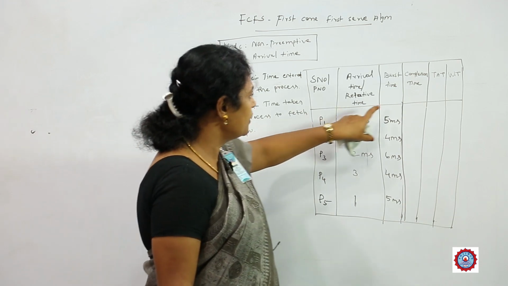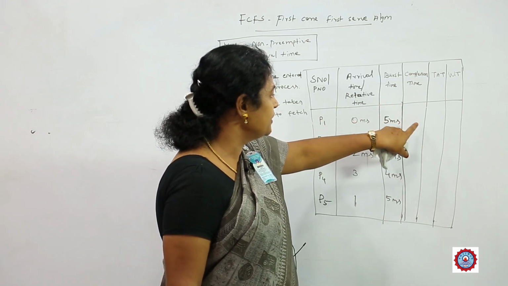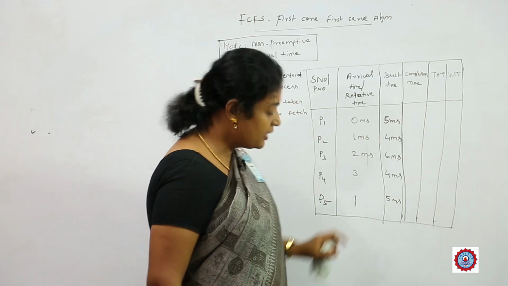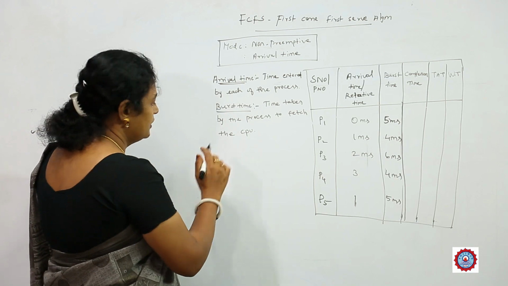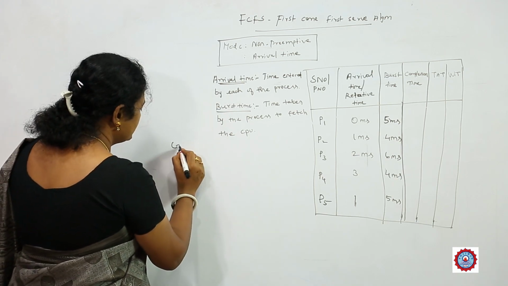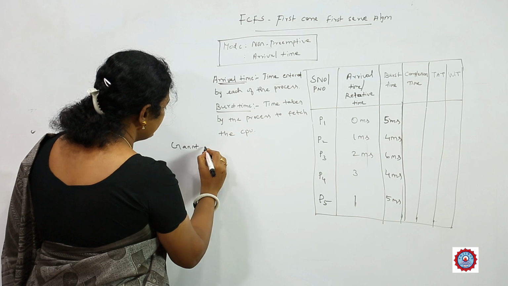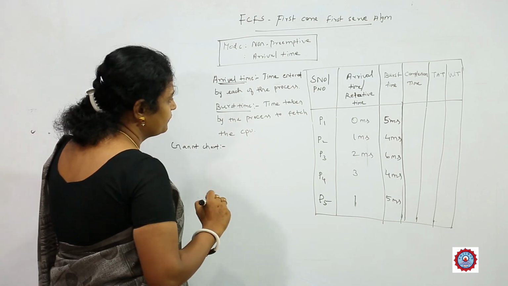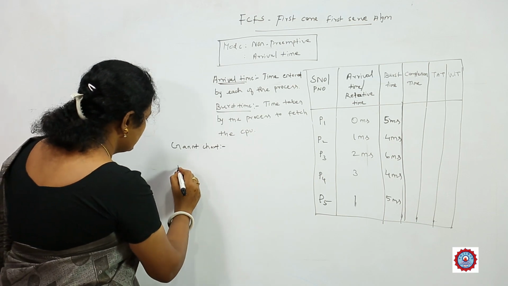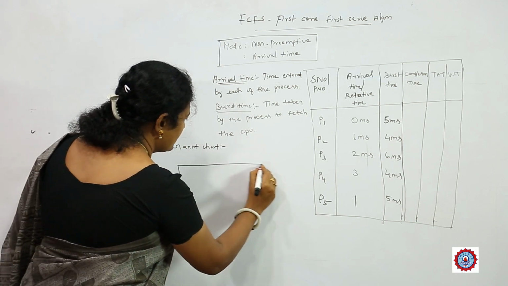From this, we are going to calculate the completion time, turnaround time and waiting time. How will all these be calculated? They will be calculated by means of a Gantt chart. What do you mean by a Gantt chart?